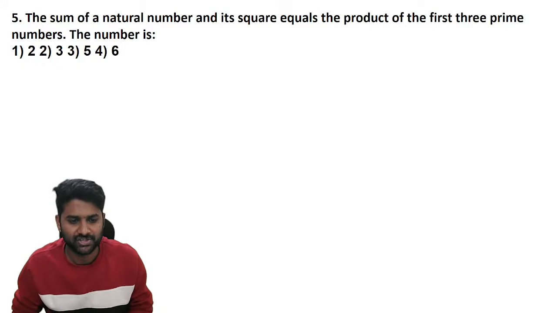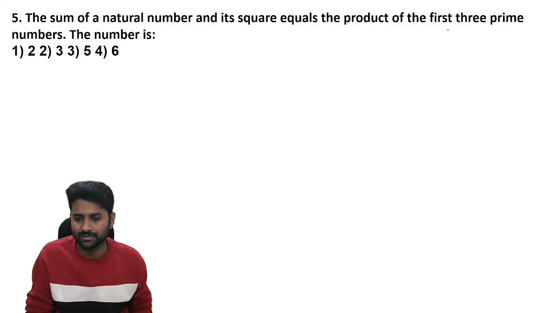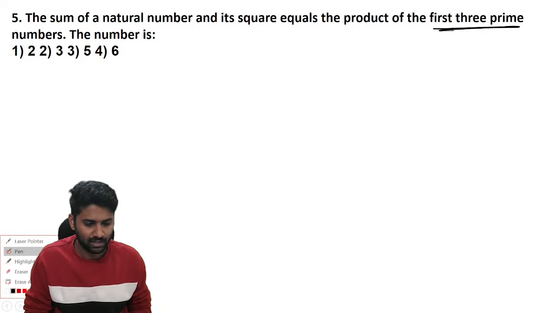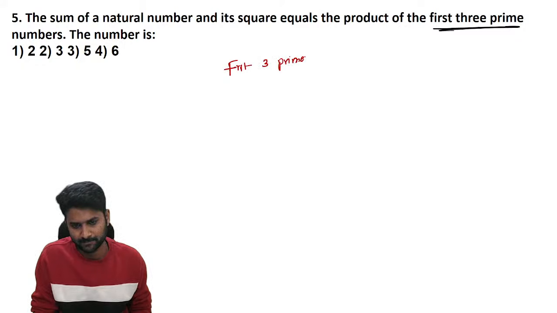The sum of the natural number and its square is equal to the product of first three prime numbers. Now, anyone tell me what are the first three prime numbers?